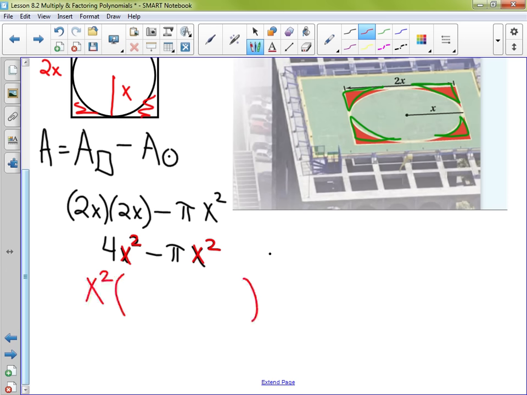If I factor an x squared out of the first term, then what's left is 4 minus, and if I factor x squared out of the second term, what's left is pi. So the expression I have when I'm all done that represents the red area in this helipad is x squared times the quantity 4 minus pi.